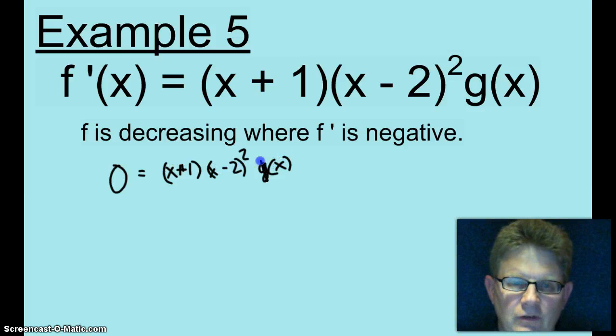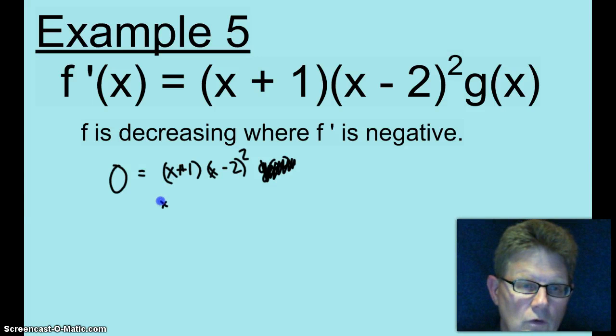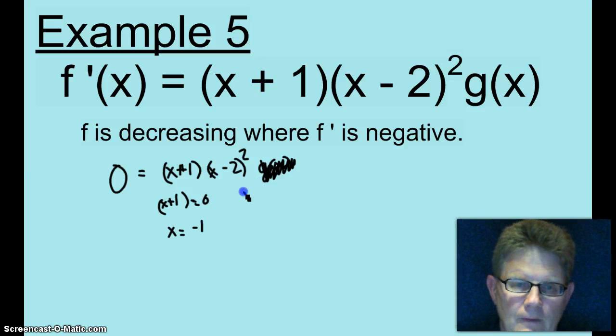This will never be 0, so we don't need to set that equal to 0. How do we know it's not going to be equal to 0? Because we're always told that g of x is negative. So x plus 1 equals 0. X equals -1. X minus 2 quantity squared equals 0. Square root both sides. X minus 2 equals 0. X equals 2.